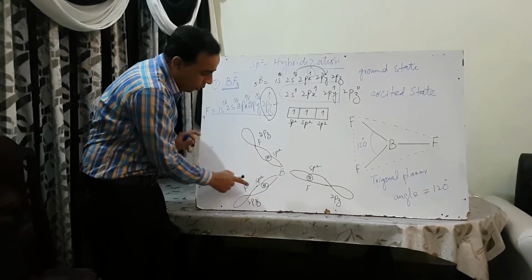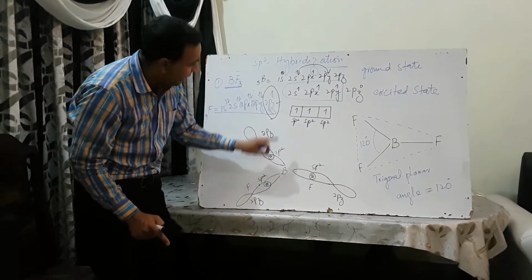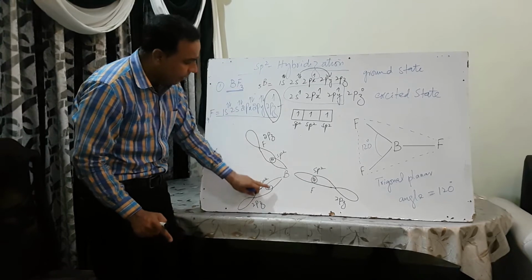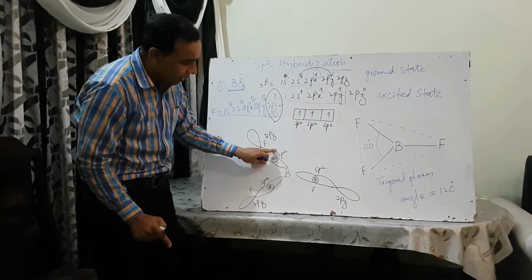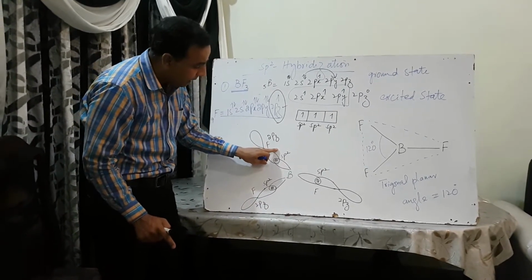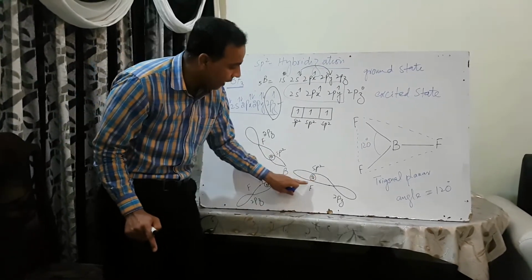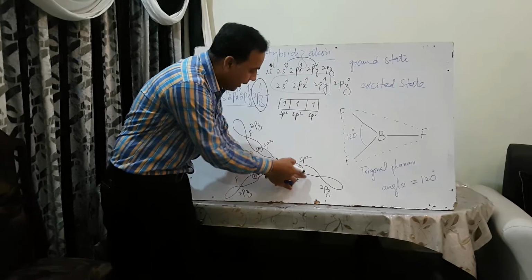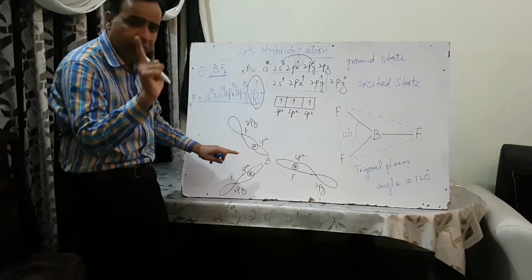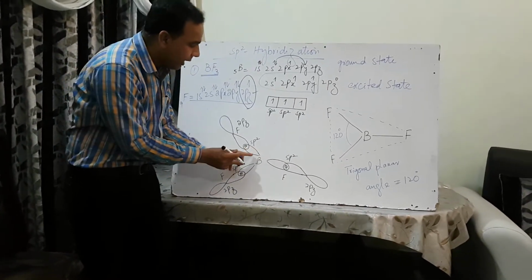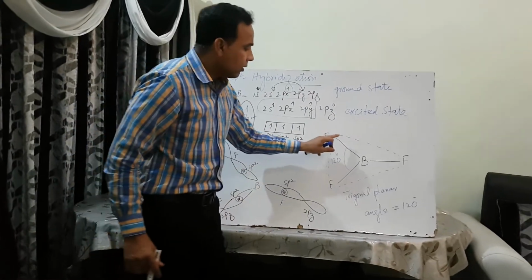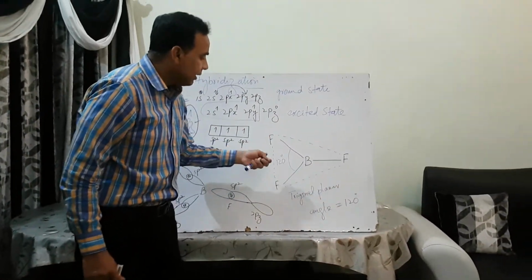Hybridization will take place here. There are 3 fluorine atoms. One fluorine orbital is attached here, one here, and one here. All of these have one electron, and the electrons will combine, and in this way 3 hybrid bonds are formed.